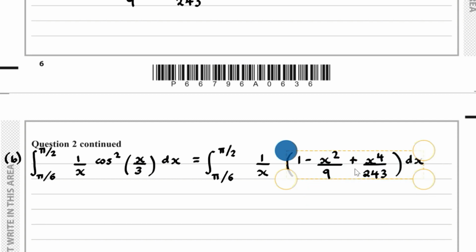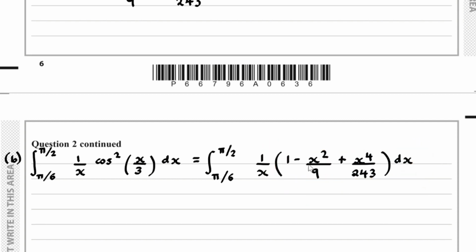So if we attempt to simplify all of this even further, we have the integral from pi over 6 to pi over 2, and if I multiply the 1 over x into this bracket, 1 times 1 over x is 1 over x. 1 over x times minus x squared over 9, that's minus x over 9.